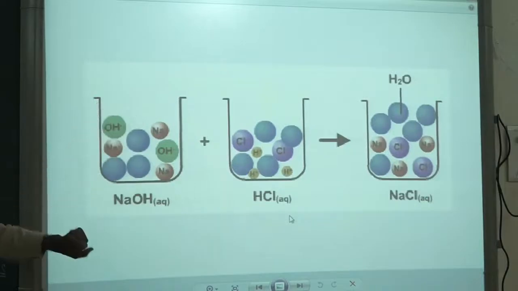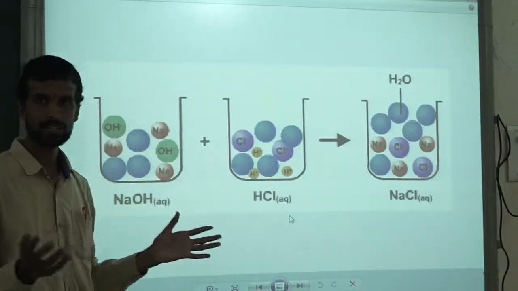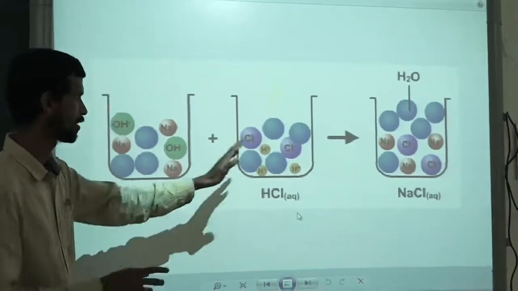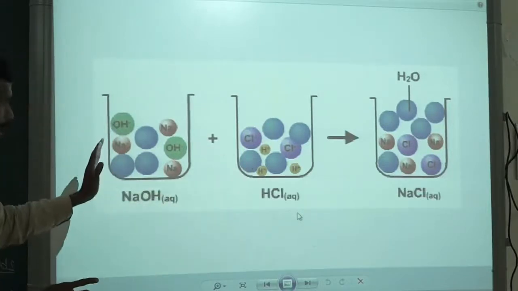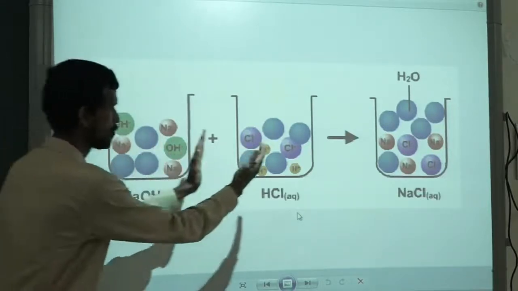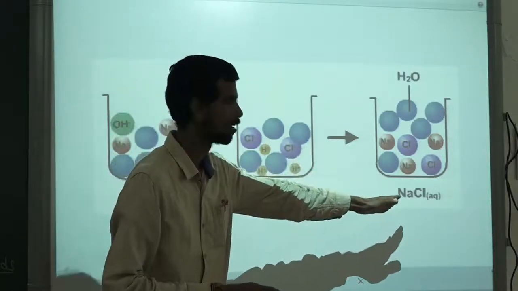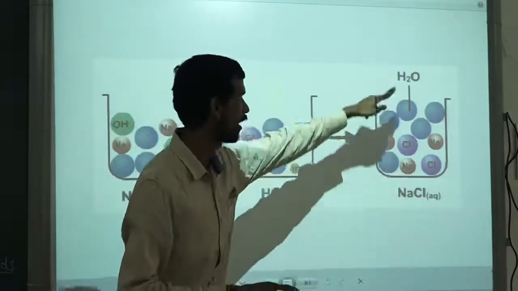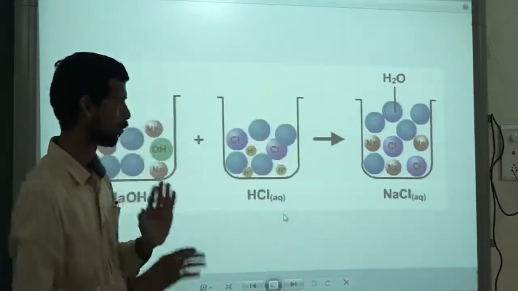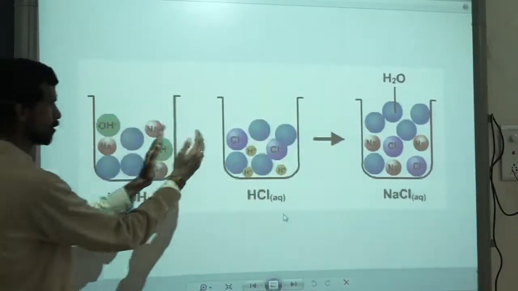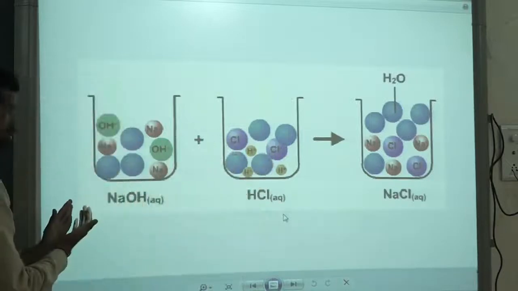It is a base. HCl hydrochloric acid you know very well. It is acid. So what is happening? A base is mixed with acid. What is produced? NaCl, salt and water.